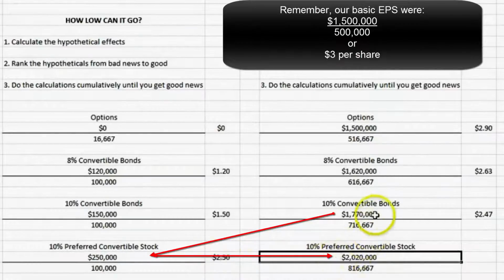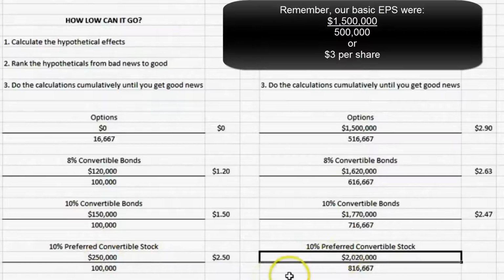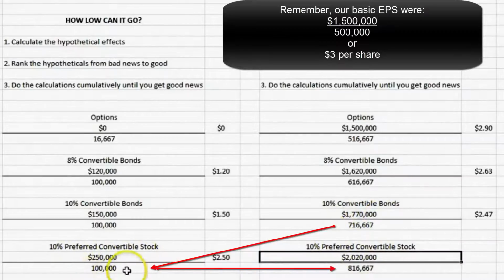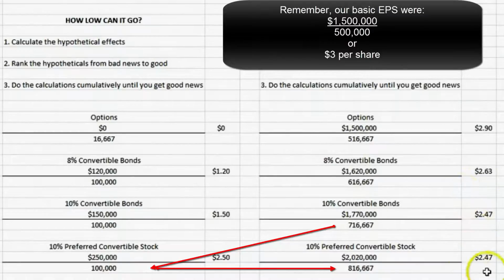So we're going to add it back. So $1,770,000 plus this $250,000 gives us $2,020,000. And what happens to the shares in the denominator? The 716,667 plus the 100,000 that would have been added because these guys converted, and you end up with 816,667. We do that arithmetic, and we have plateaued. We're still at $2.47.